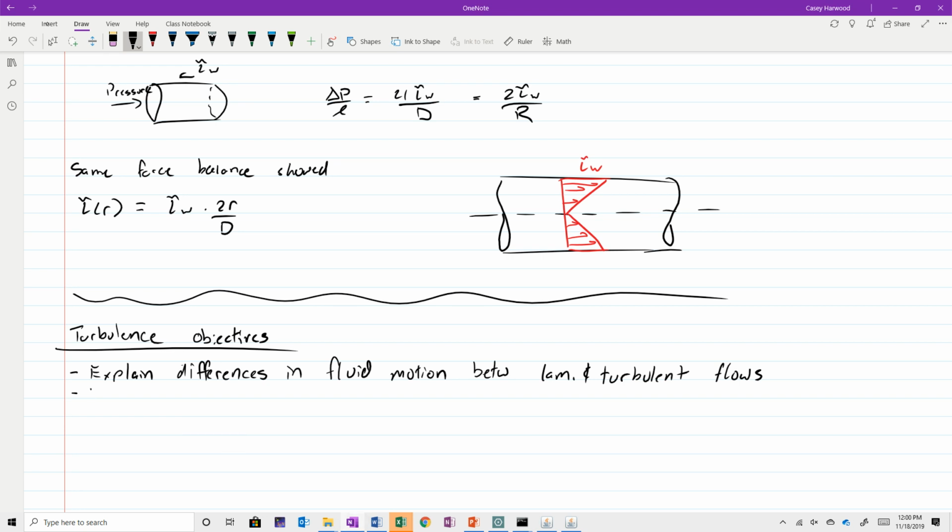We want to be able to explain why what we call Reynolds stresses cause turbulent flows to have more shear stress.